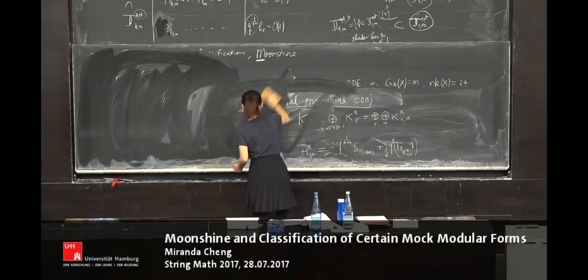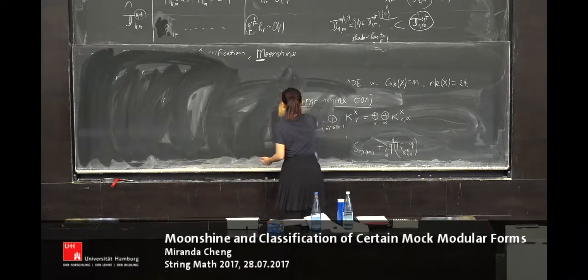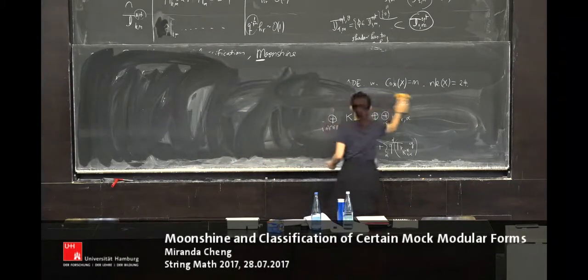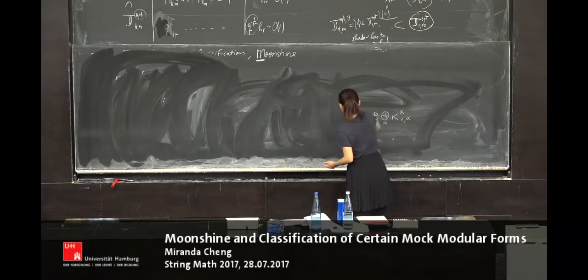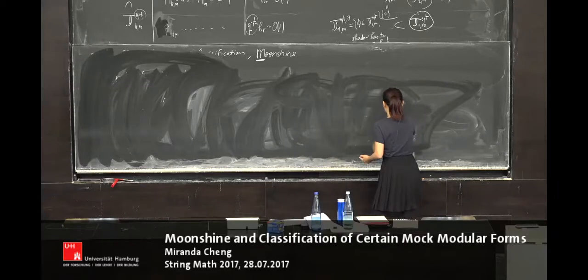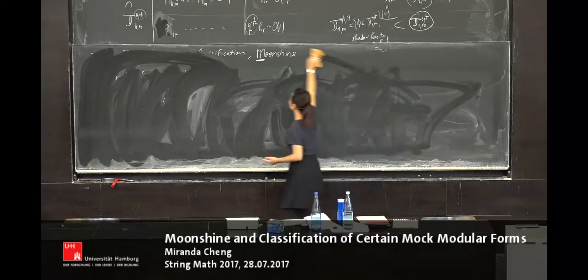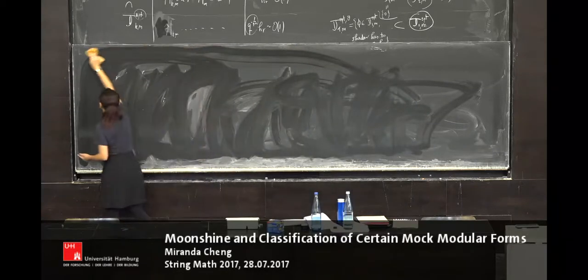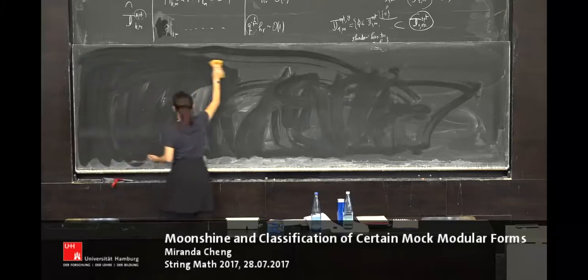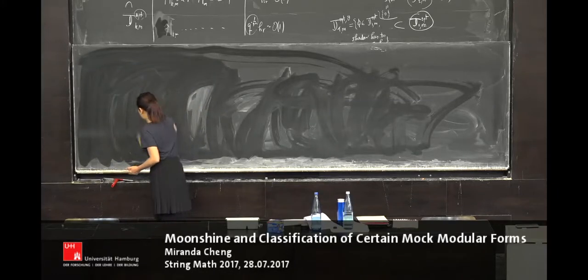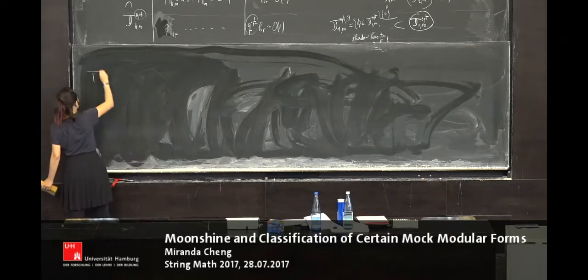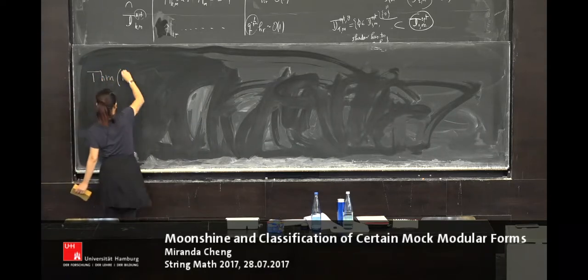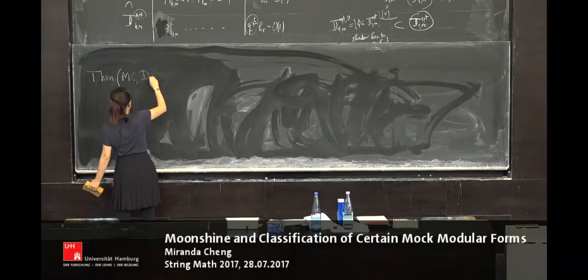So the classification result has two parts. The first part says that if you restrict yourself to the world of mock forms at weight 1, this is work with John Duncan.